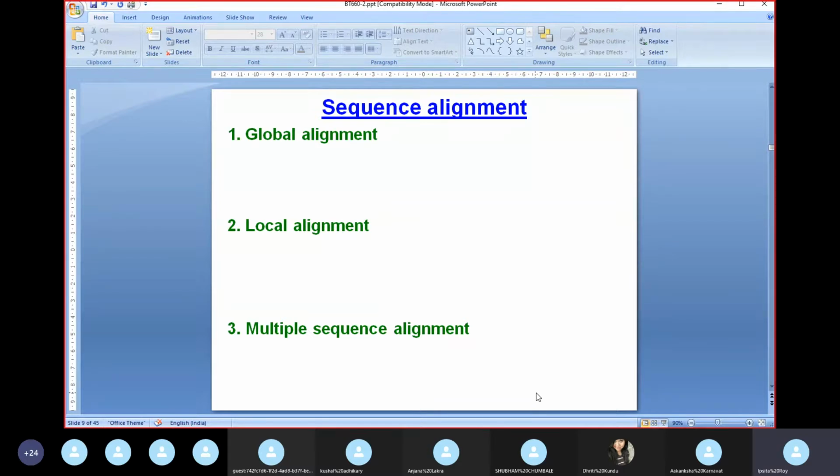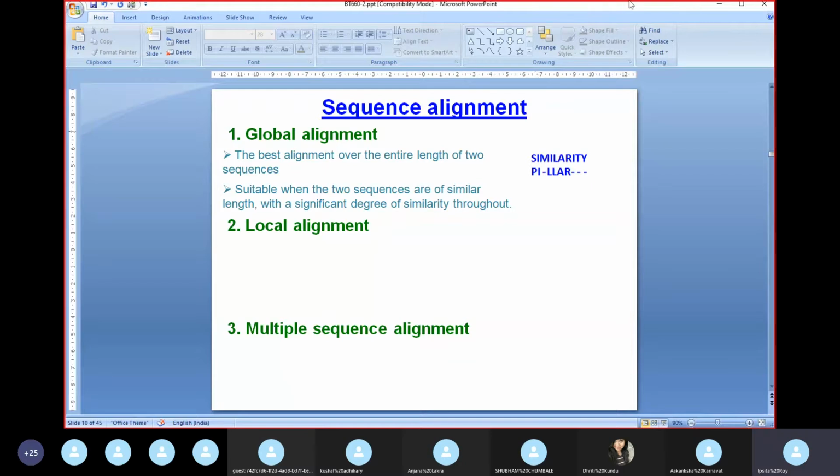As the name suggests, global would be all over the protein, local would be in some parts of the protein. Both of these have their uses. Multiple sequence alignment is more a question of building homology, showing that this protein or enzyme is part of a family. So there you have more than two sequences which you try to align.